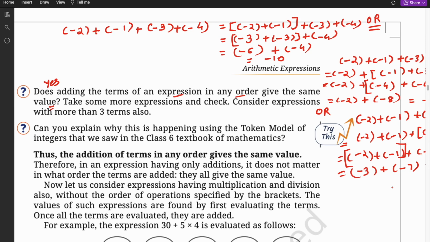Next is, can you explain why this is happening using the token model of integers that we saw in class 6 textbook of mathematics?